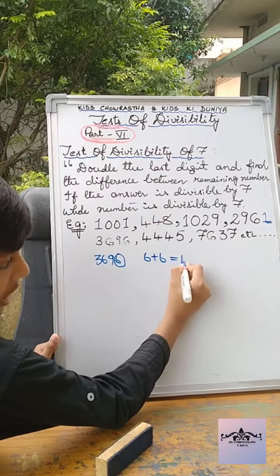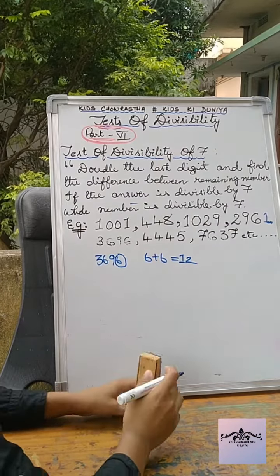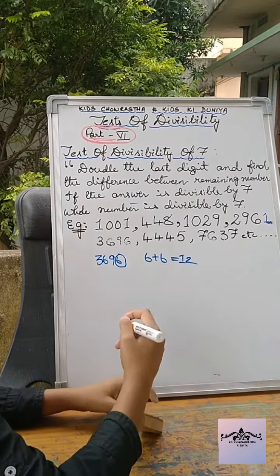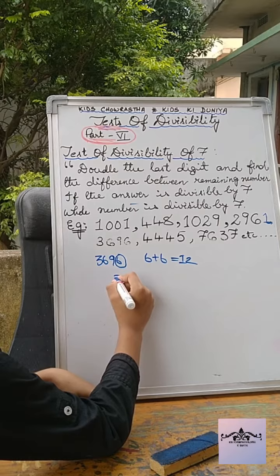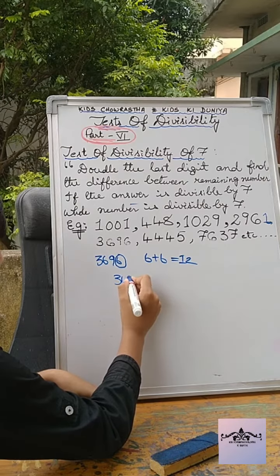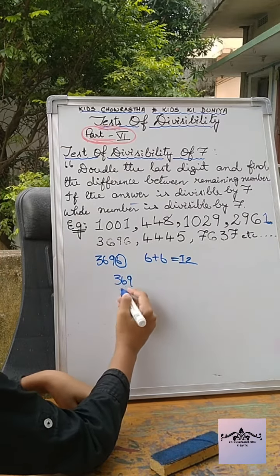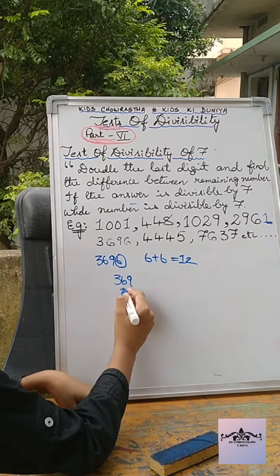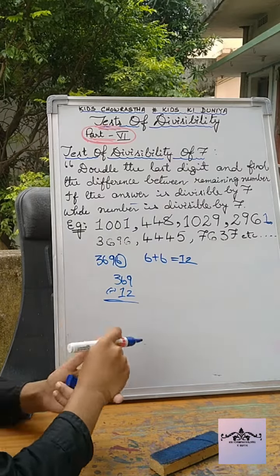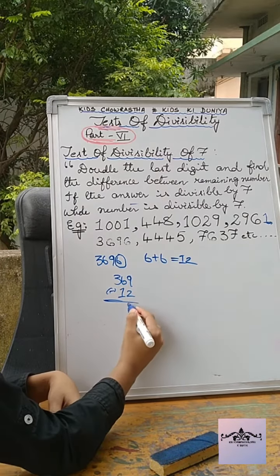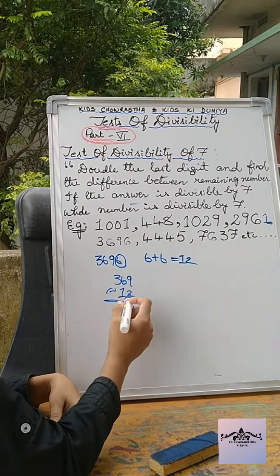So the remaining number, which is 369, we are subtracting 12 from it. So 9 minus 2 is 7, 6 minus 1 is 5, 3. 369 minus 12 is 357. So 357 we get.